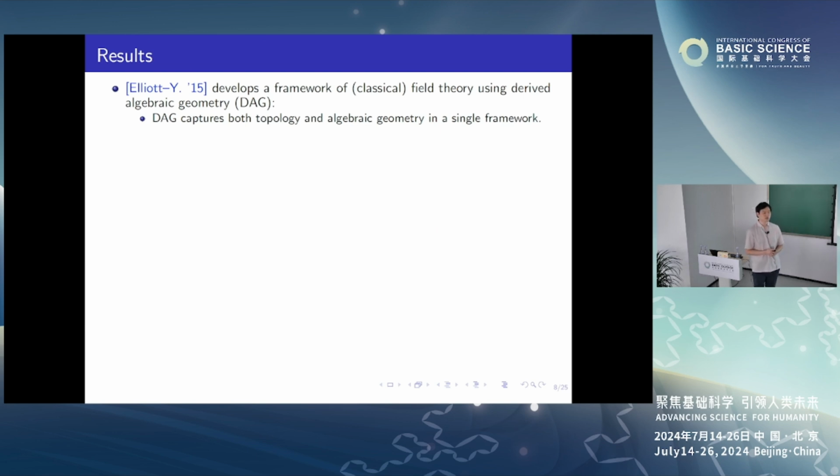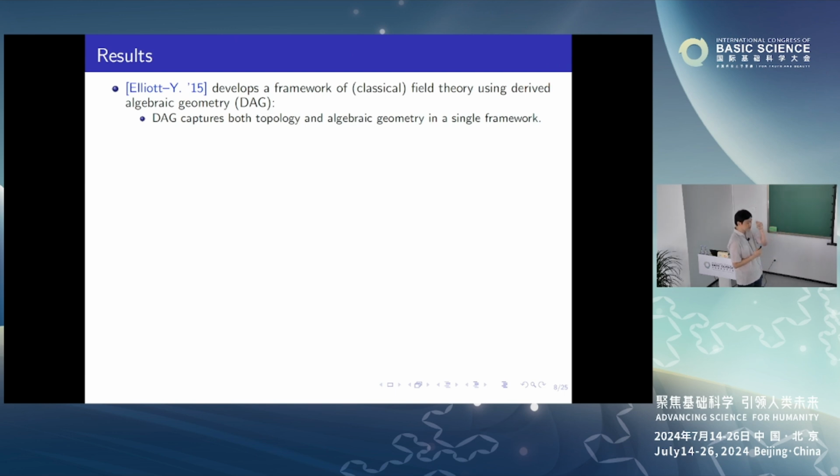And the reason why derived algebraic geometry was essential was that this topic is, in a sense, by definition, does have topology, usual kind of homotopy theory, and usual algebraic geometry in it. So both of them are living in the same category, so that you can actually deal with both things under the same roof.